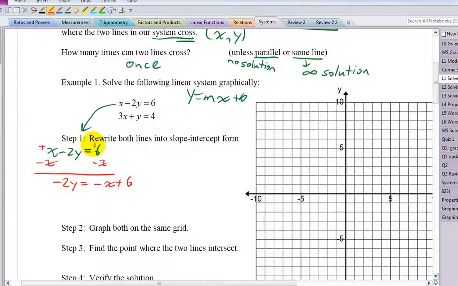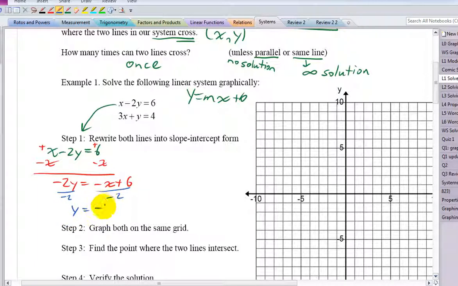Now in front of the 6, we have a plus sign. Otherwise, we have to write a negative. And so it becomes negative x plus 6. It's easiest if you write your x first. How do we get rid of this times negative 2? Divide by negative 2. Now the entire left side's divided and the entire right side's divided.